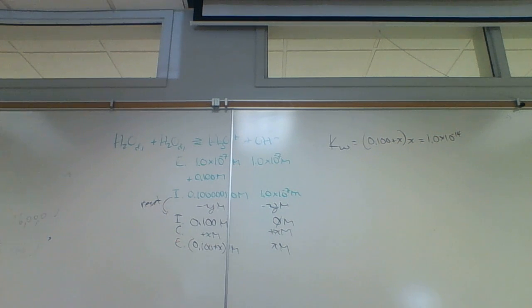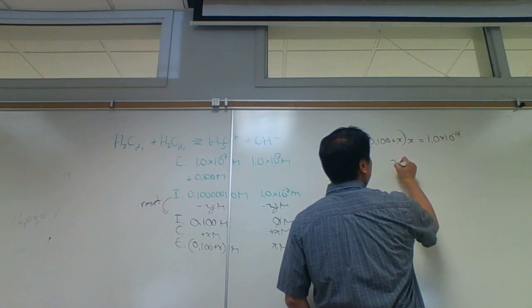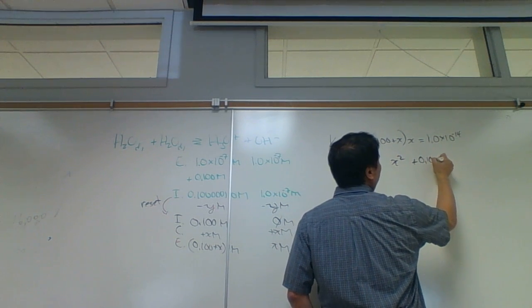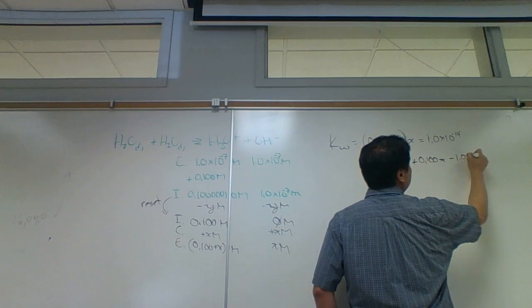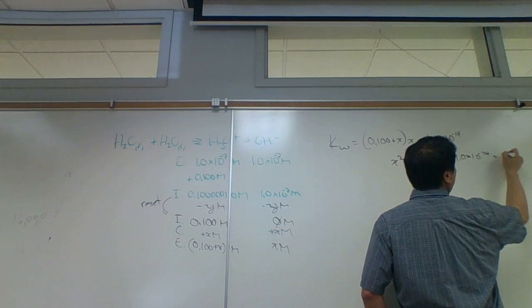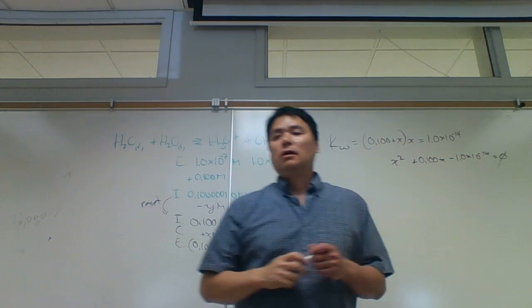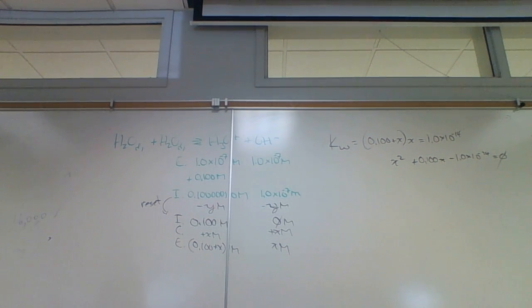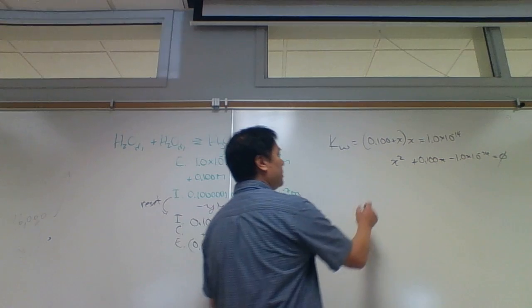All right, now how long do you think it'll take you to solve for X? Well, this is pretty easy to get in quadratic form: X squared plus 0.100 X minus 1.0 times 10 to the negative 14 is equal to 0. Okay, punch that into your fancy calculator, and what do you get for your X?